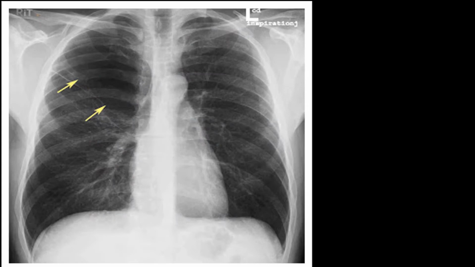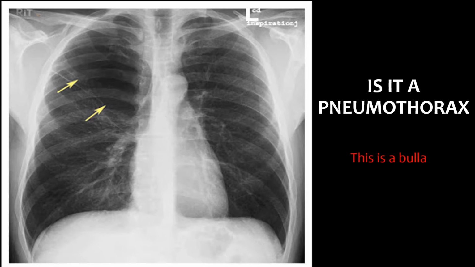So if you see here, you can see a lucency as marked. Does this look like a pneumothorax? If you can trace the line, it is rounded and it's not bulging inwards, right? It's bulging outwards. So this is actually a bulla, and this is a very common scenario in COPD patients who come with a lucency.